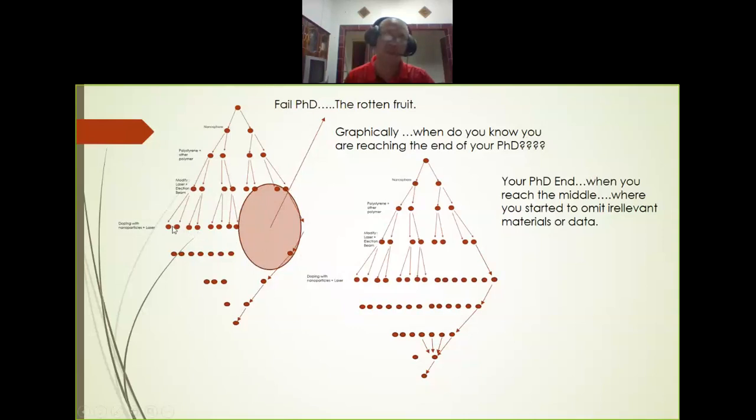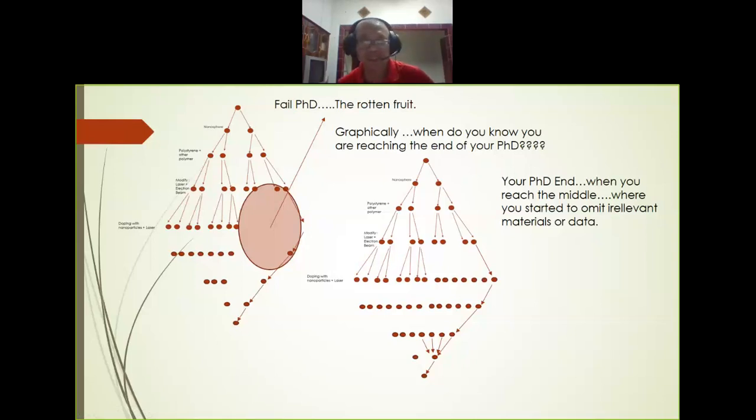So you are having so little, and because of the fewer things that you have done, the strength of your PhD will not be too good. So that's why you will be failing your PhD or your masters.